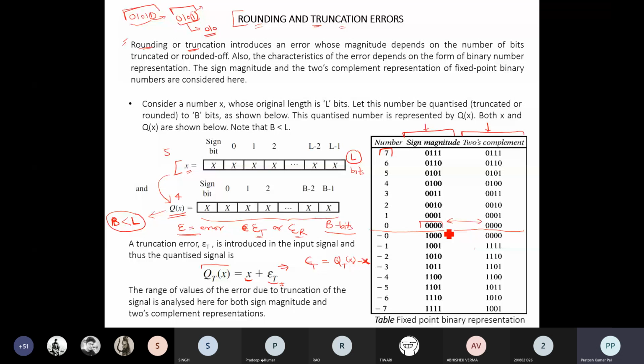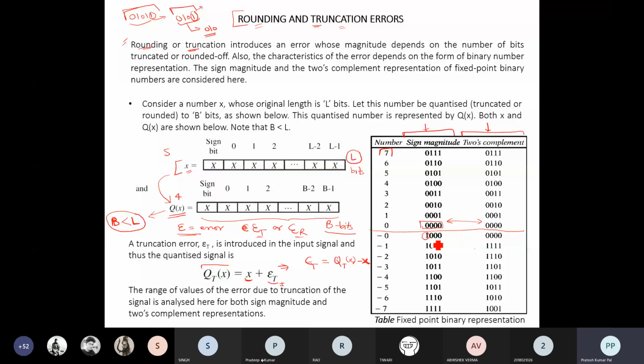In a 4-bit representation, the most significant bit represents the sign. In sign magnitude representation, 0 is represented by the remaining 3 bits 0 0 0, and the most significant bit is 1 because this 1 represents the negative sign.